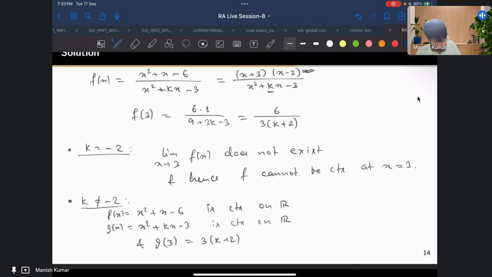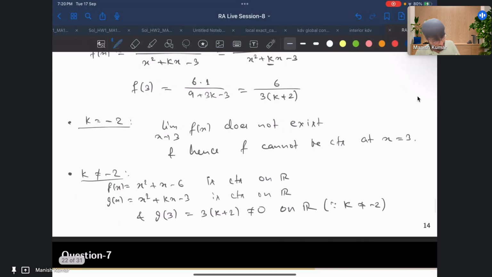This is what we have evaluated here, and this is not 0 on R since k is not equal to minus 2. So this proves, therefore, f of x by g of x is continuous on R.